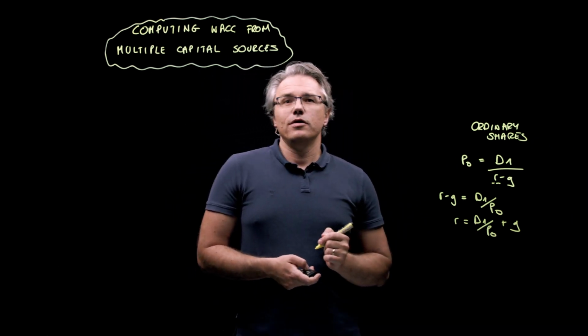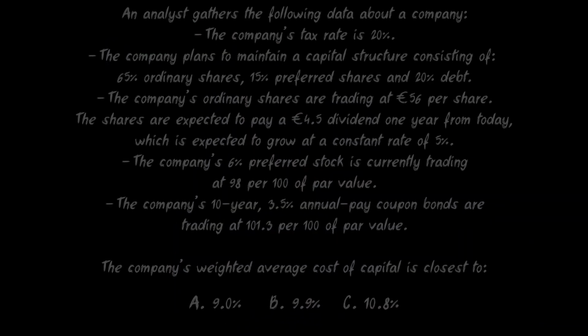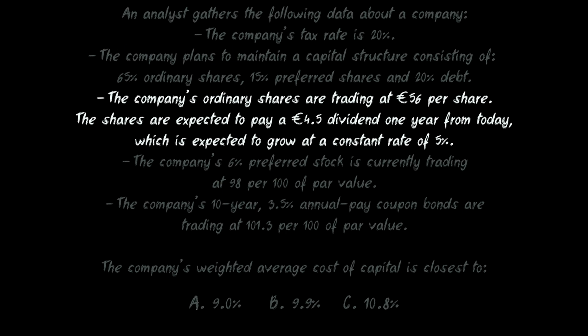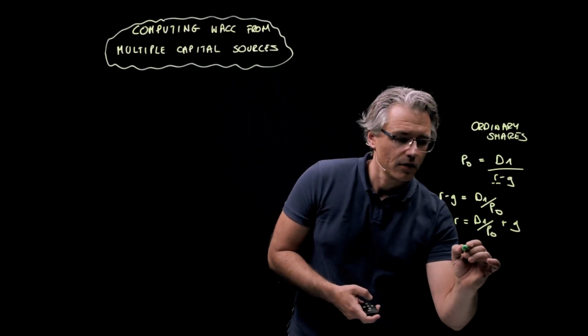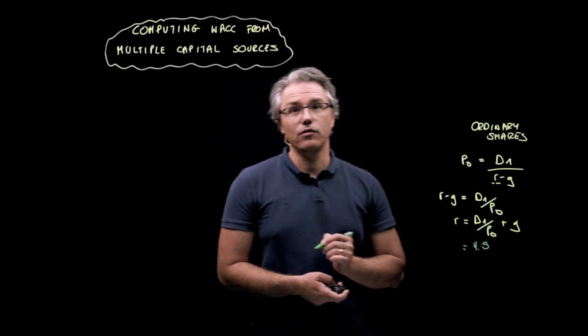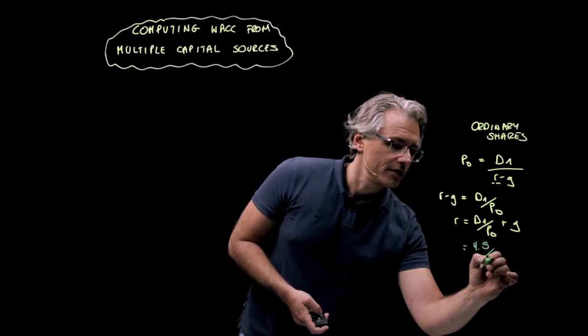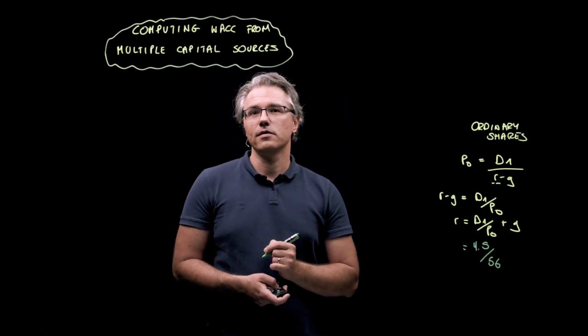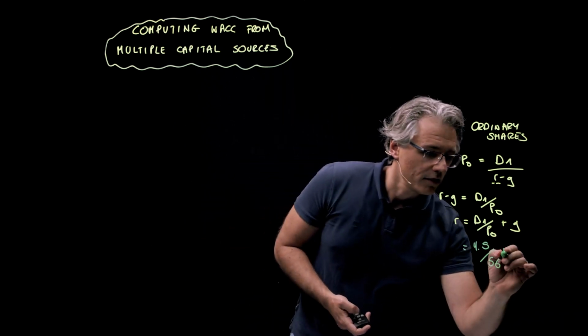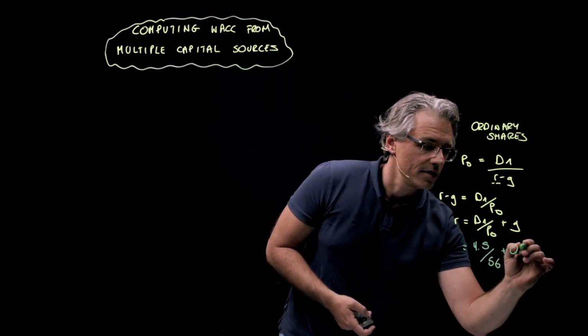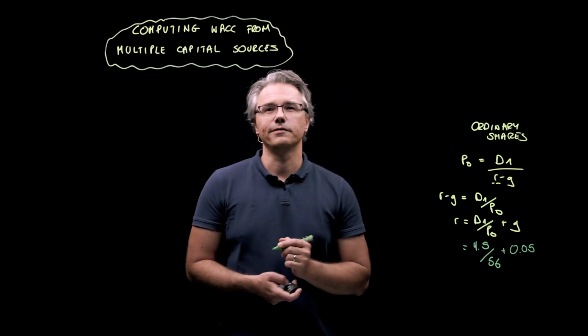Checking the question for the relevant data. The company's ordinary shares are trading at €56 per share. The shares are expected to pay a €4.5 dividend 1 year from today, which is expected to grow at a constant rate of 5%. So we get 4.5 for D1 over 56, the share price today, plus a growth rate of 5%, or 0.05.